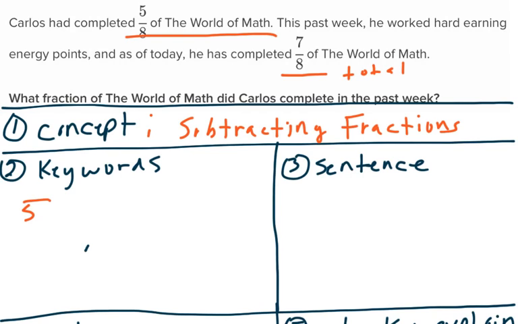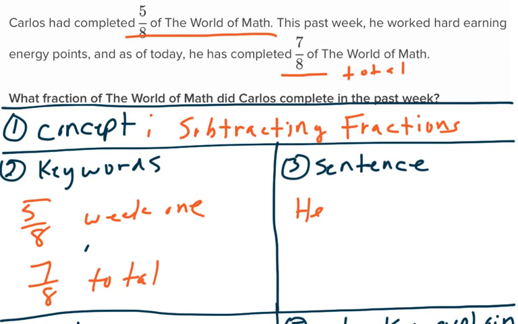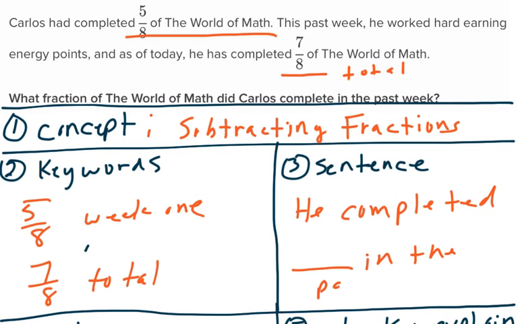So 5/8 week 1, 7/8 total. Our sentence is going to be he completed blank in the past week.